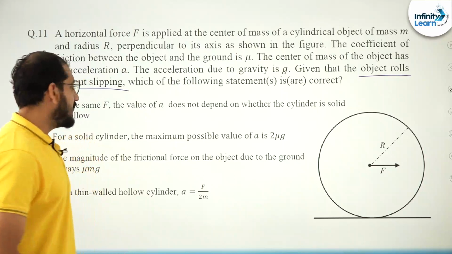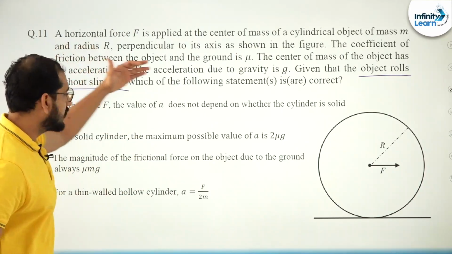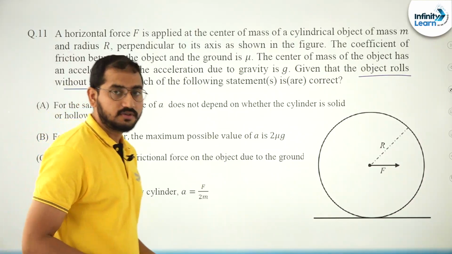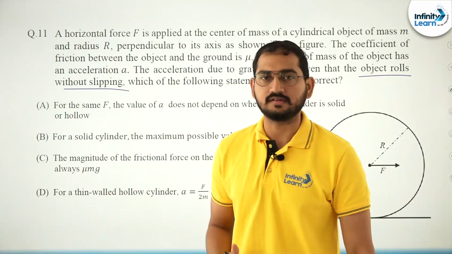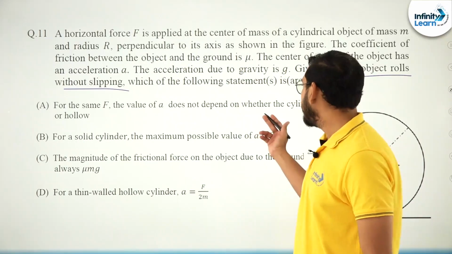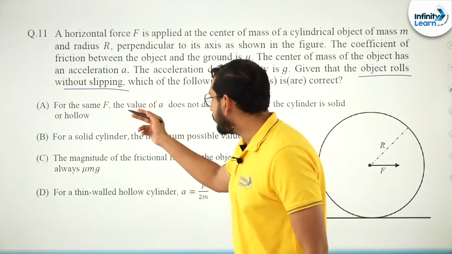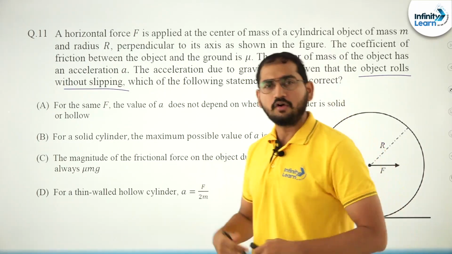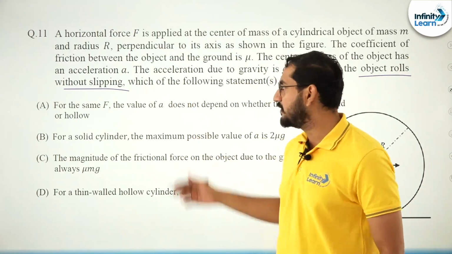After reading the question and calculating, we also have to see what the options are, and what the question is trying to ask us. The question is asking what will happen to the value of acceleration a if the cylinder is solid or hollow. Will the value of acceleration a change or not?